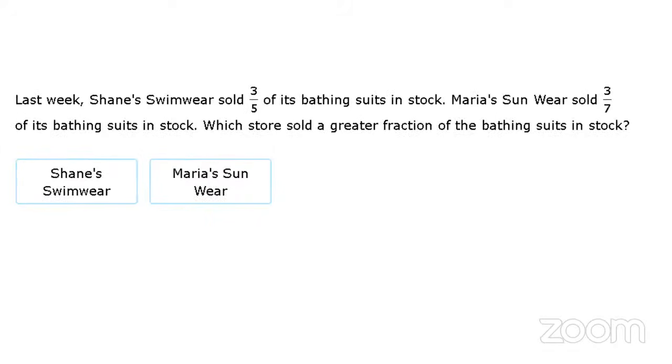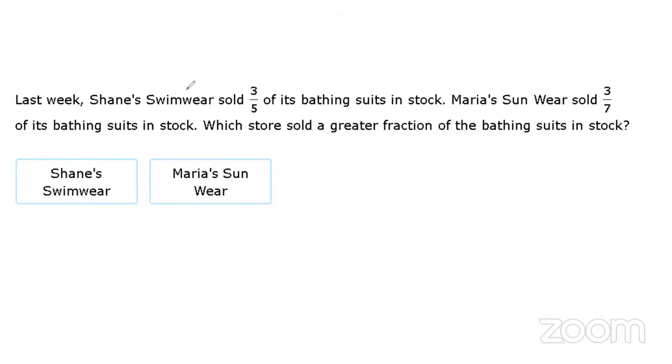Let's look at this one. This one says, last week Shane's swimwear sold 3/5 of his bathing suits in stock. Maria's sunwear sold 3/7 of his bathing suits in stock. Which store sold a greater fraction of the bathing suits in stock? So we're first going to represent that.